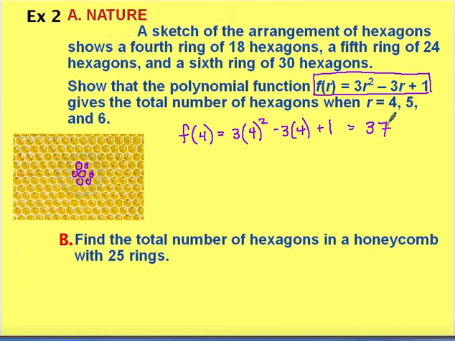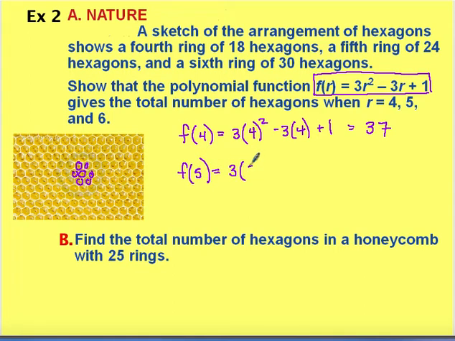Now that's counting what's in that fourth ring, and it's counting everything inside of that fourth ring as well. So the fourth ring has 18 hexagons, but all of the other ones inside would add up to be 37 hexagons total.